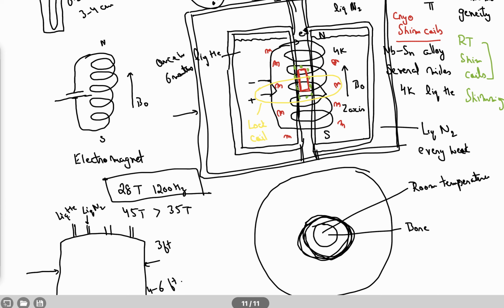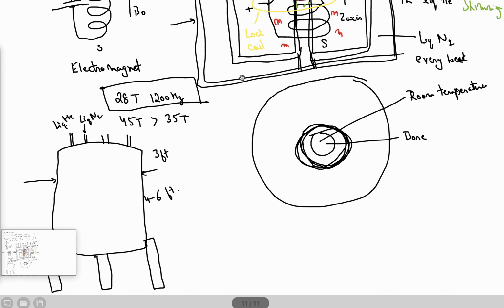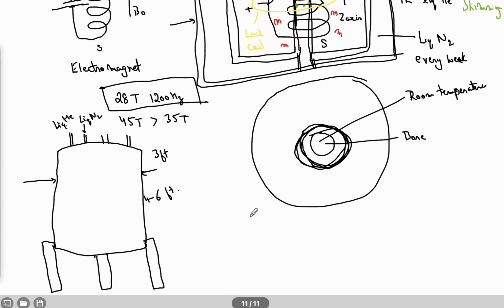So what do we mean by B0 drifting? B0 drifts over time. Let's say you start with 11.7 Tesla, it might end up at 11.699998 Tesla, and then this number keeps on changing, right?